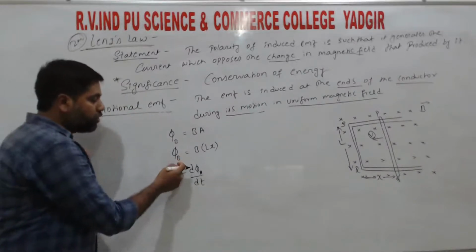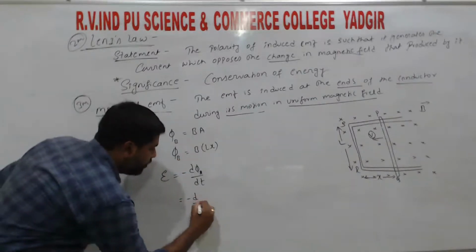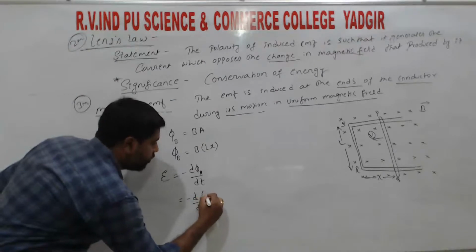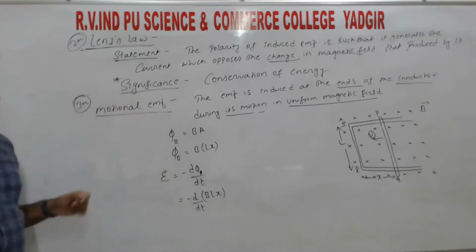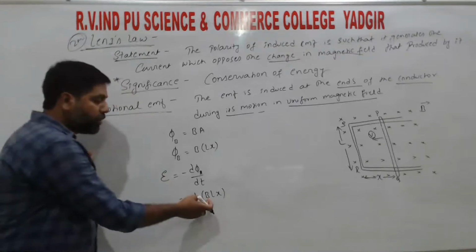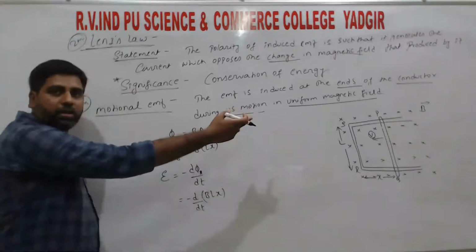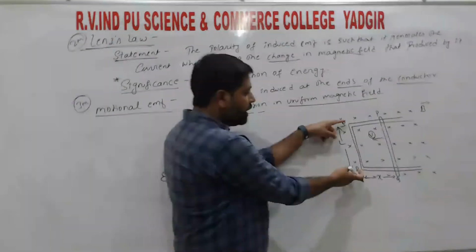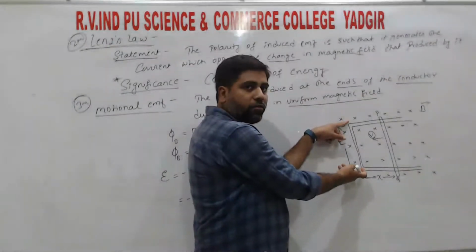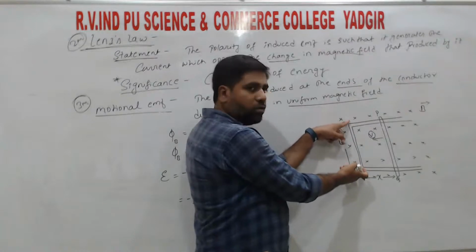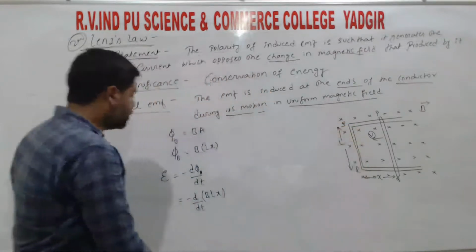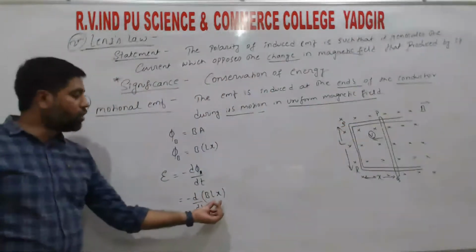So we know the value of phi B, so d by dt of phi B, that is B L X, right? So what about the value of the applied magnetic field? It is constant. So this length is also constant. Will the length vary? If we initially take the conductor as 5 centimeters, the length stays the same, right? So L is constant. Then what about X?